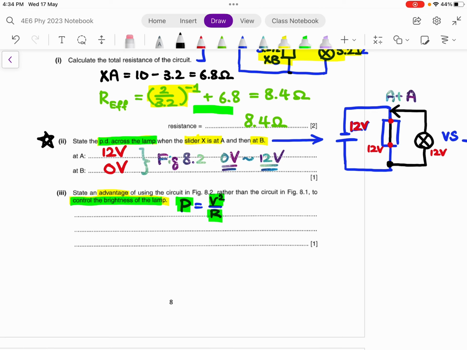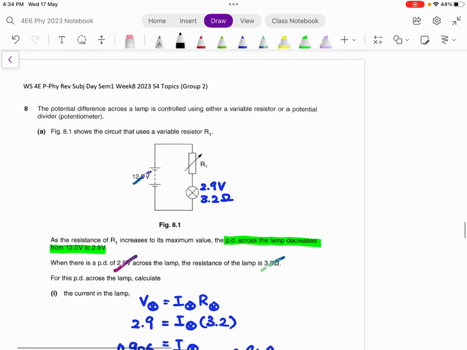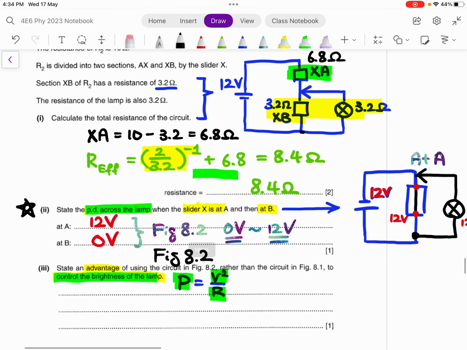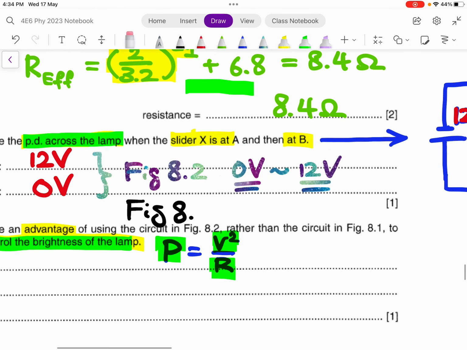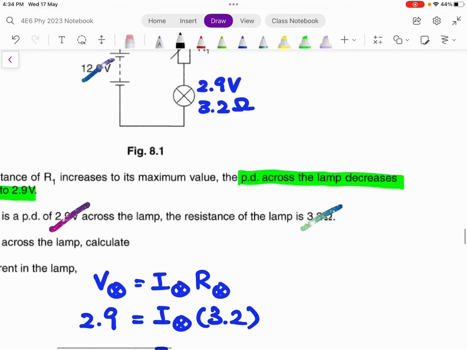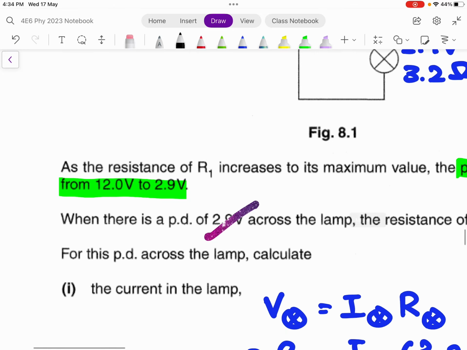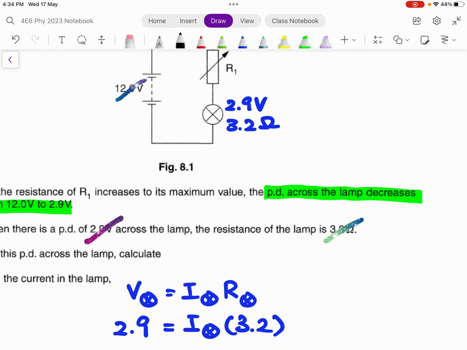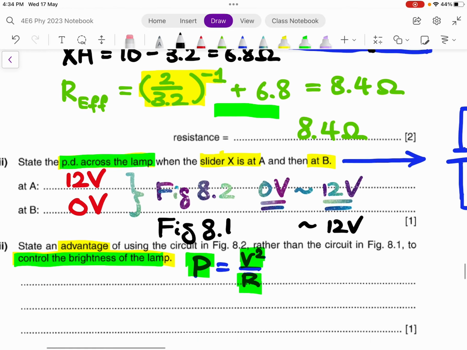So for figure 8.1, sorry, 8.1, it is 12 to 2.9, right? It cannot be that the question is so good. Suddenly it mentions this PD across the lamp between 2.9 to 12 volt. It must be for some reason.